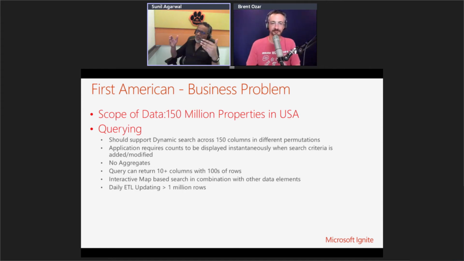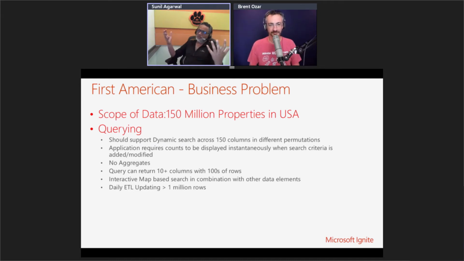You are not looking at aggregates. You're saying, show me the properties that meet my criteria, right? So there is no aggregation. In many cases, people are interested in the year it was sold, what the tax is. On average, they were running with 10 plus columns in terms of attributes they want to see of a given property, and the result was returning approximately 100 rows or more.